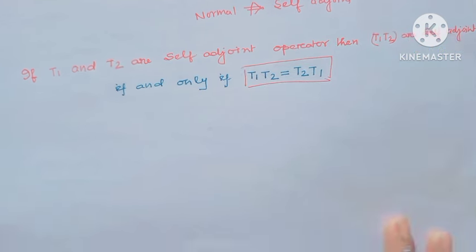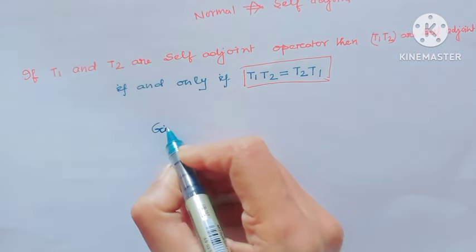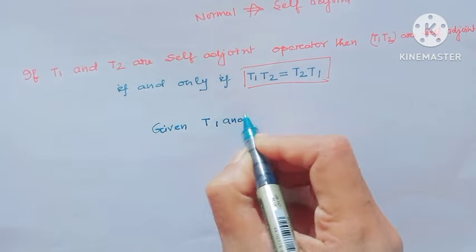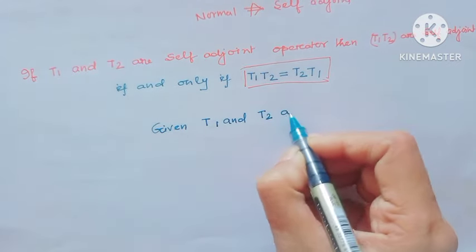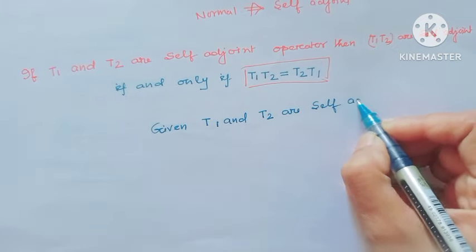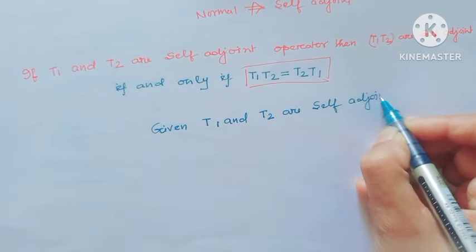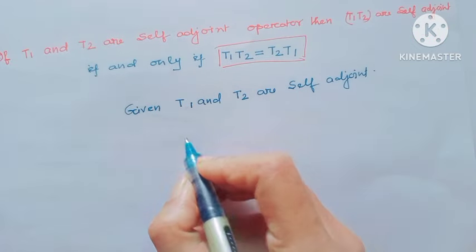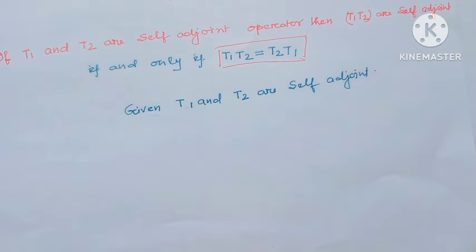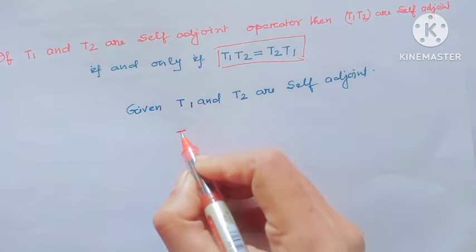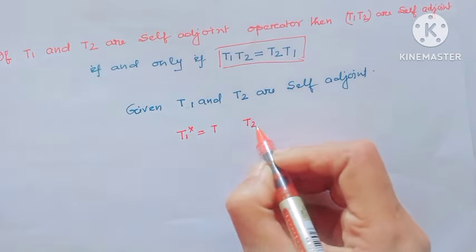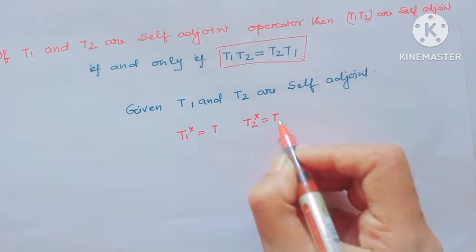For this, given T1 and T2 are self-adjoint, that implies T1 star equals T1 and T2 star equals T2.